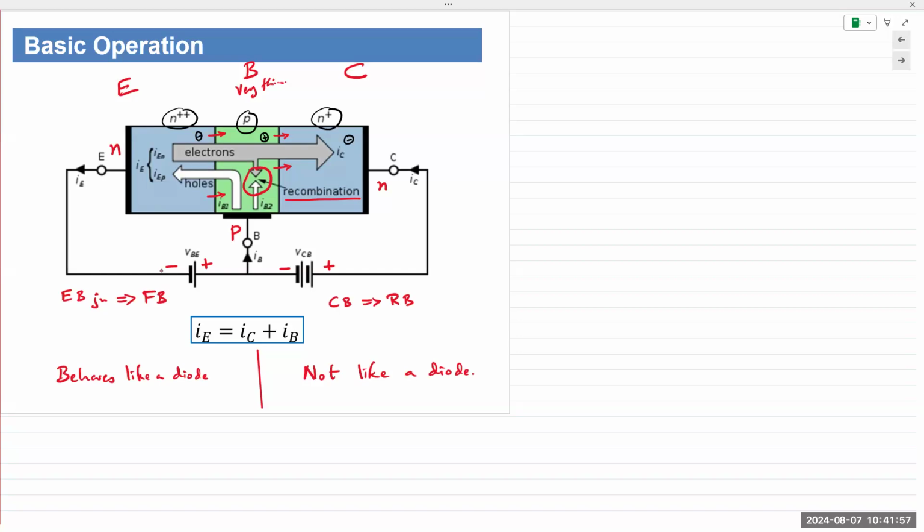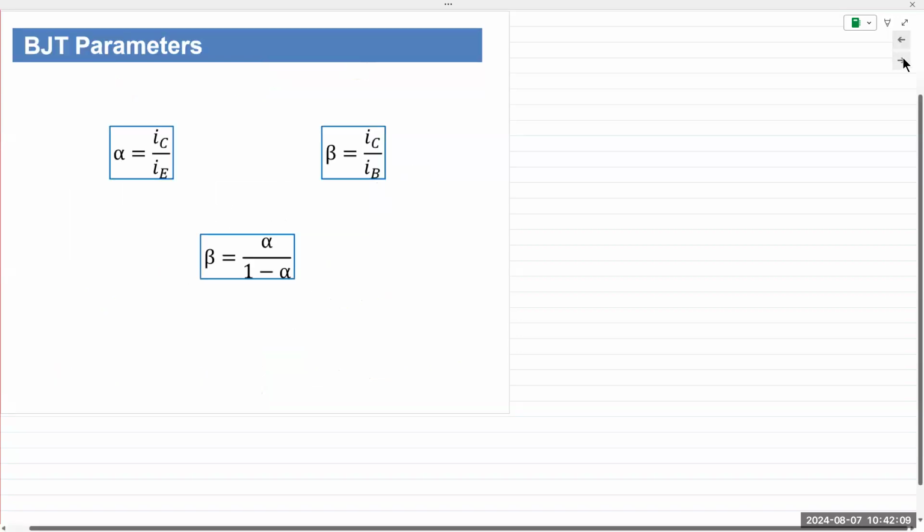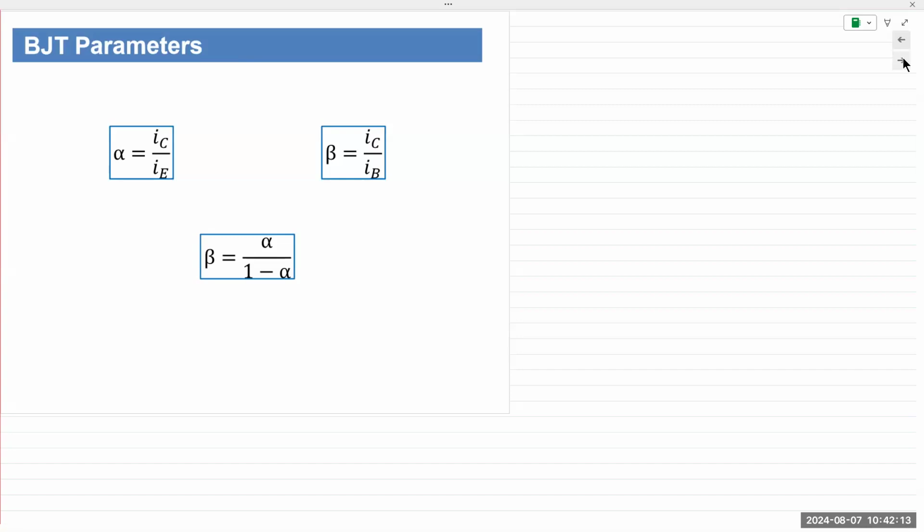As far as semiconductor physics goes, this is as far as we'll talk about it, because again, this is not a major class, and we want to move on to actual circuit analysis. So the relationships between the different quantities are quantified by two terms, alpha and beta.